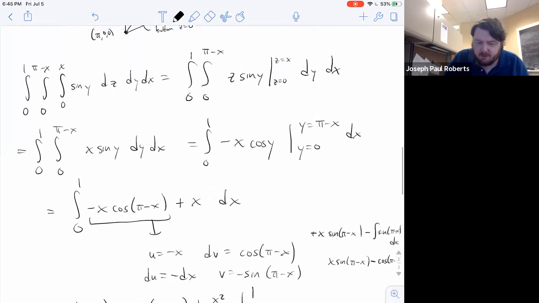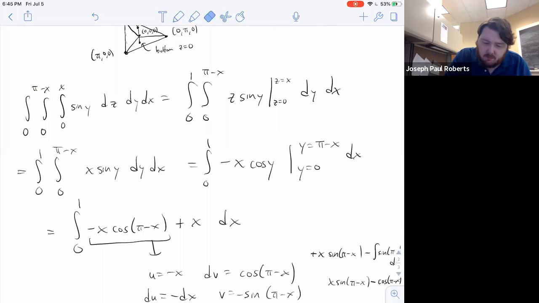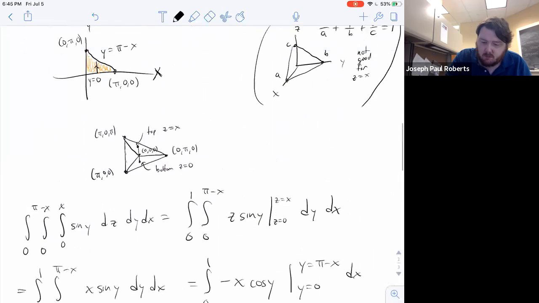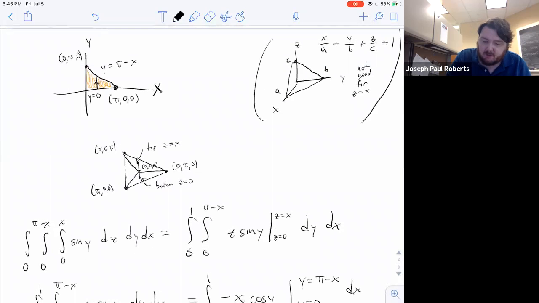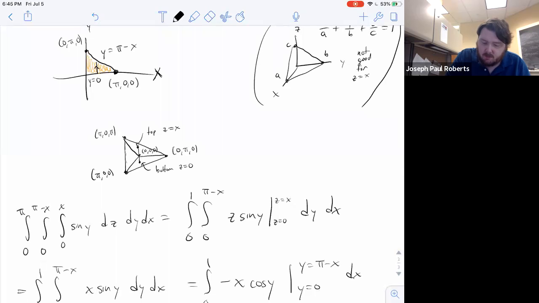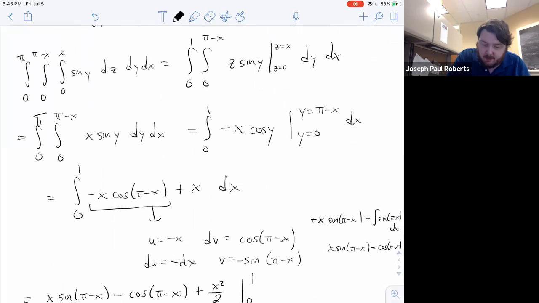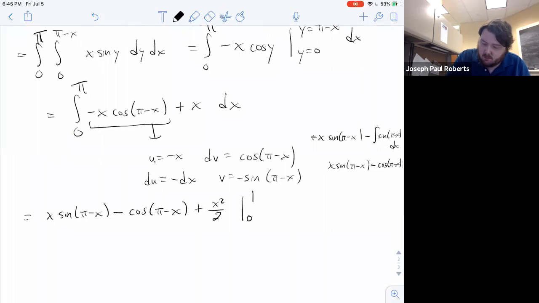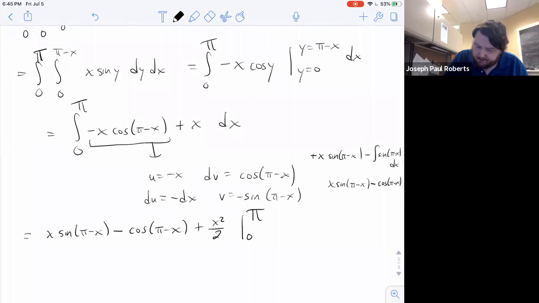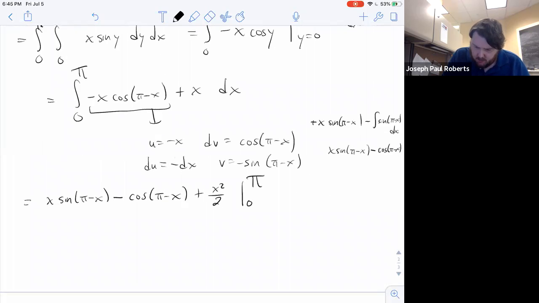And this is not 1. Sorry about that, I got a little ahead of myself. Of course, x goes from 0 to pi. So pi sine of 0, well, sine of 0 is 0.